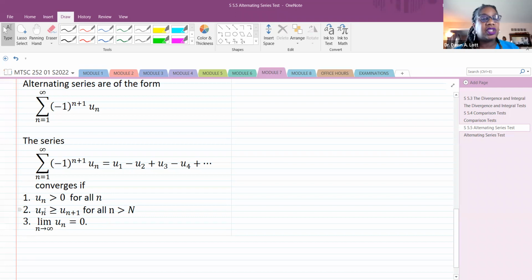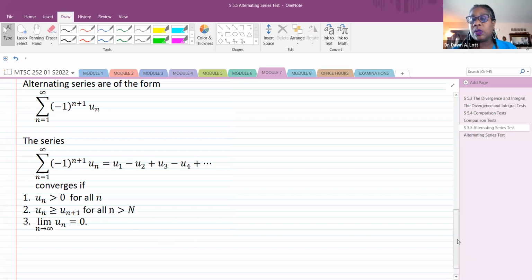The second condition is u_n has to be larger than u_{n+1}. In other words, u_{n+1} is smaller than the one before it, so the terms are getting smaller, or they are decreasing. And the last is that the limit as n approaches infinity of u_n has to be 0.